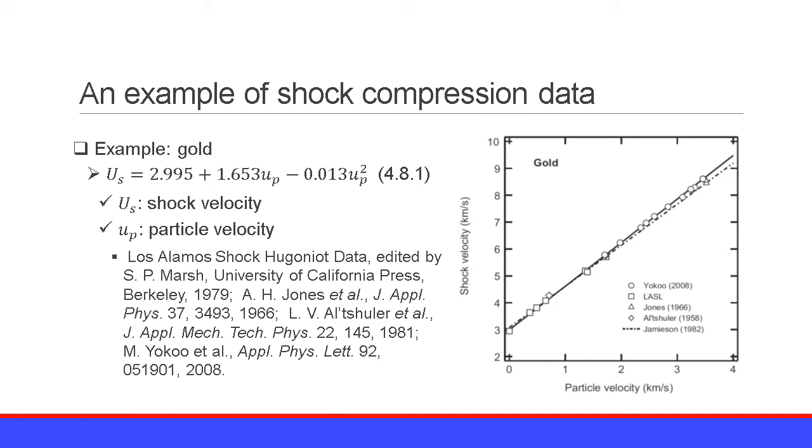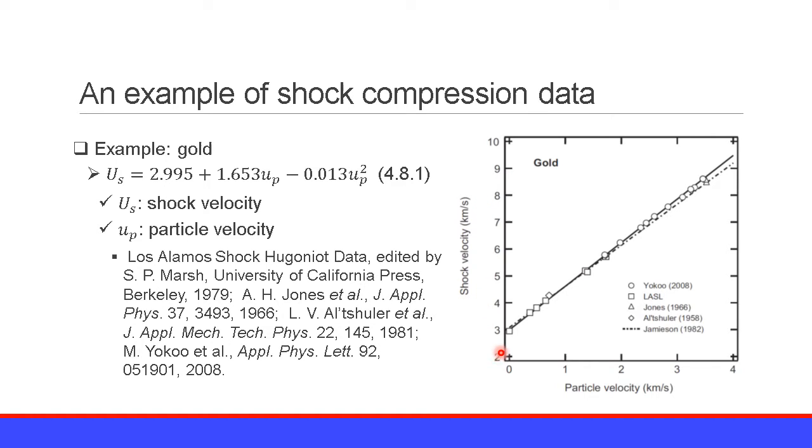Let me show one example of shock compression data. This diagram shows the shock compression data of gold. The horizontal axis is particle velocity, and the vertical axis is shock velocity.